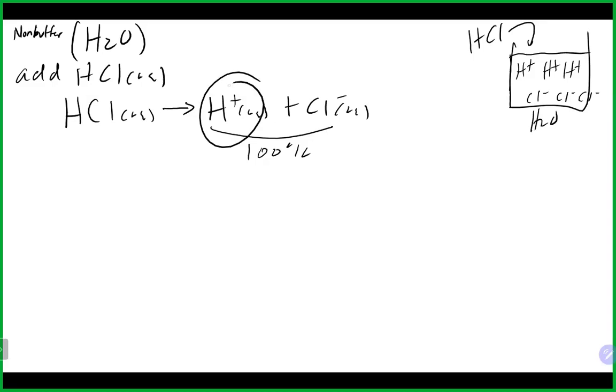The concentration of H plus is going to rapidly increase because you added a bunch of H plus from that acid. The result is the pH is going to rapidly drop.